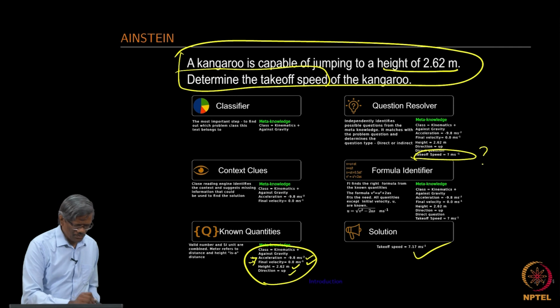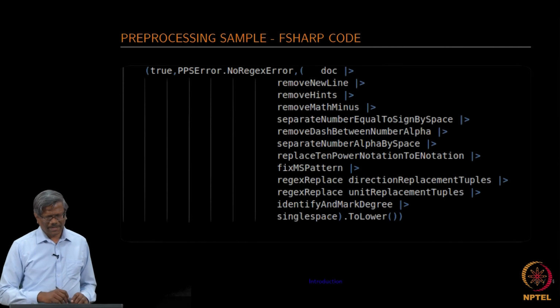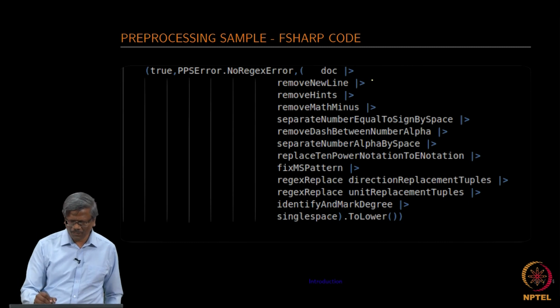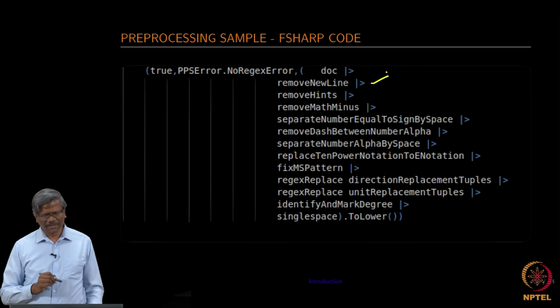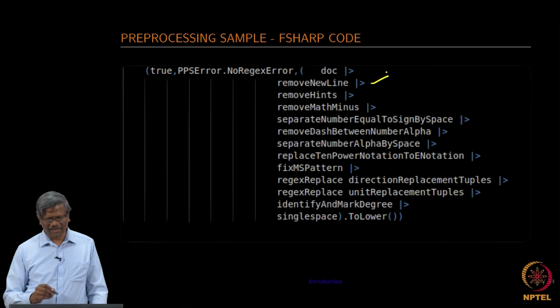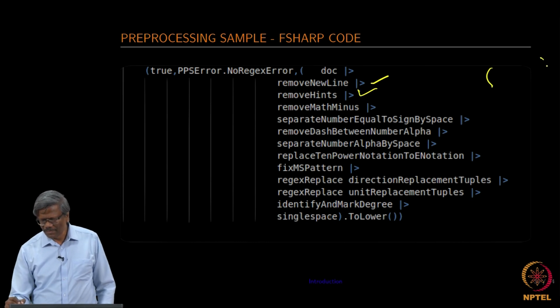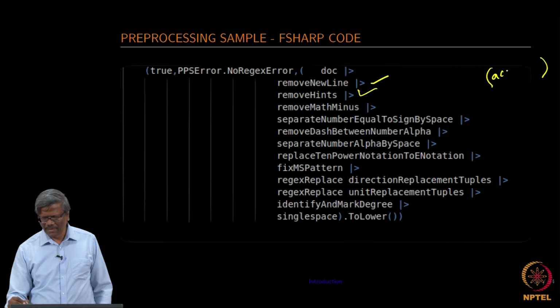So, for us to do this, we require various pre-processing steps. I need to remove the unnecessary new line that is available as part of that, and then remove hints. For example, certain problems will provide you hints: acceleration due to gravity equal to 9.8 meters per second square.